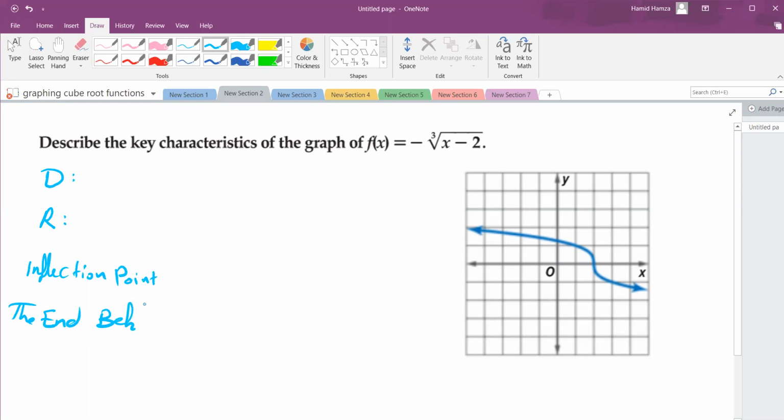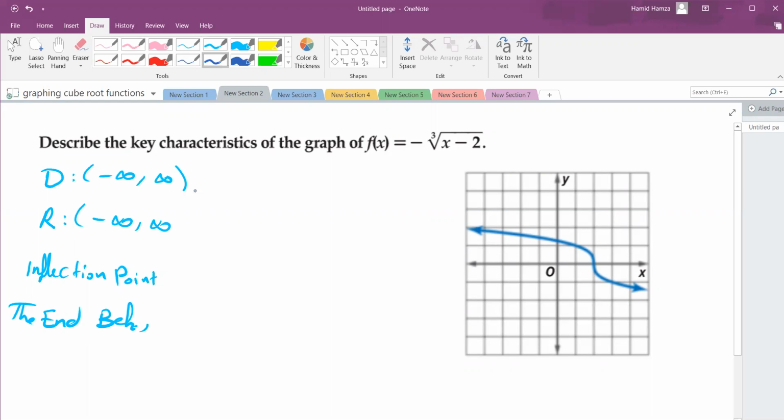As we know, the domain and range are negative infinity to infinity.